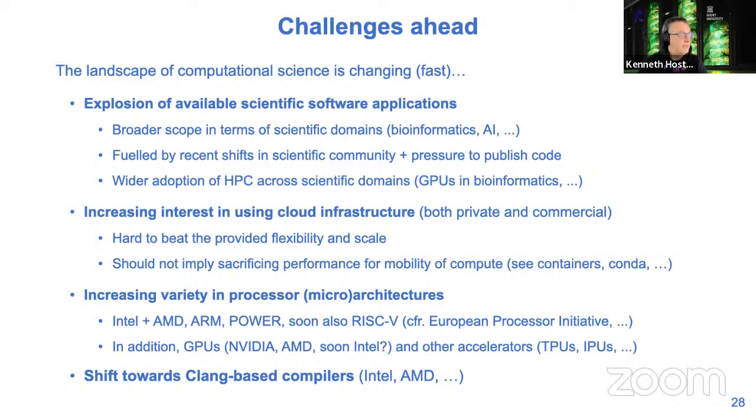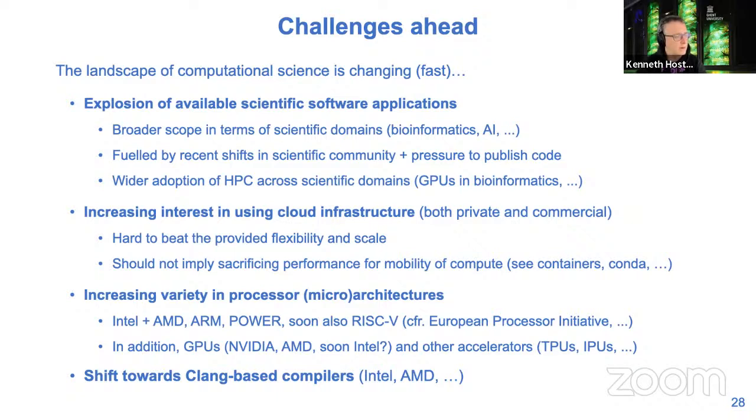What's also definitely happening is an increasing variety in processor microarchitectures. In the last decade, certainly until a couple of years ago, Intel was still king in HPC. Basically, every HPC cluster had Intel processors. This is changing fast. In the last couple of years, AMD is back in the game, which is already a bit of a head scratcher in terms of compilers, compiler toolchains, and compiler options as well.